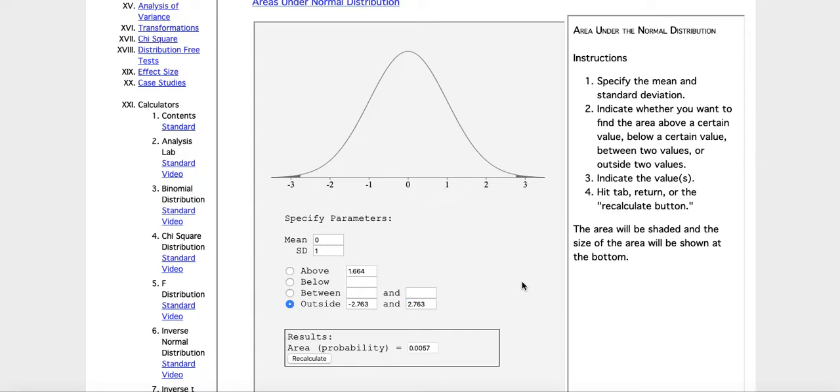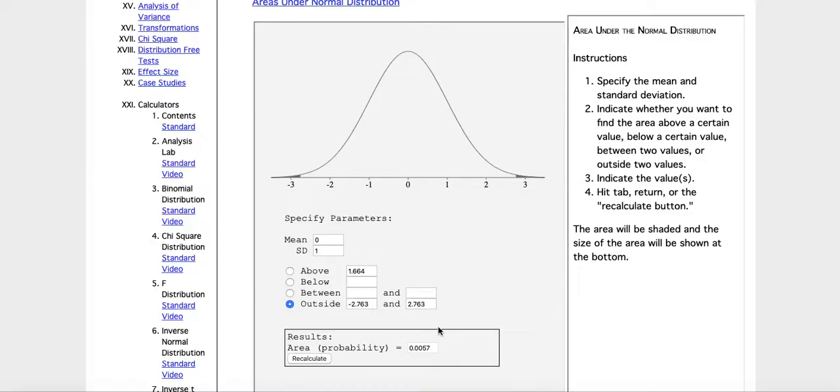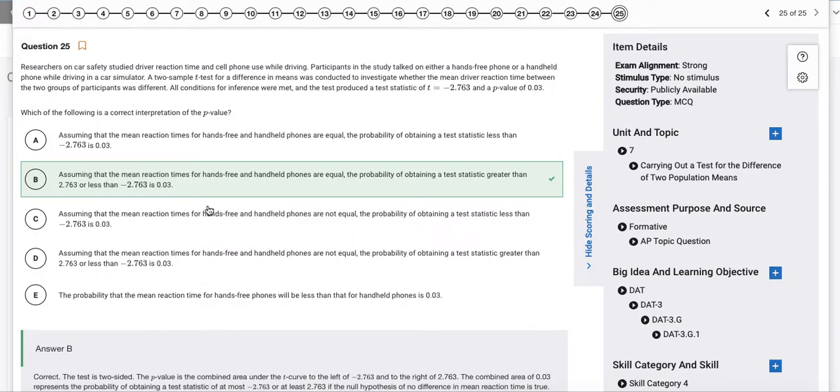Okay, it's like this. So the p-value of 0.03. The reason why this is not 0.03 is because this is a z-curve, a normal distribution curve. But just for your illustration, it's here and below and here and above. Okay? So that's what that's talking about.